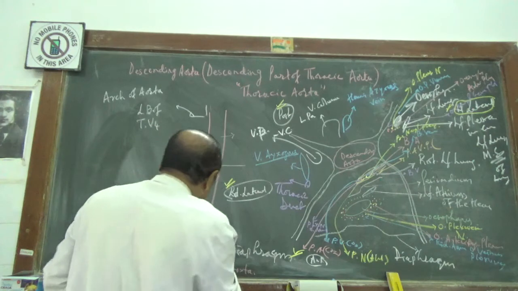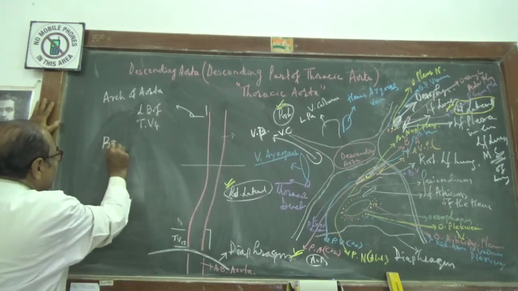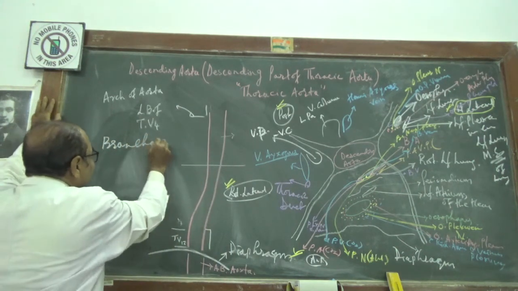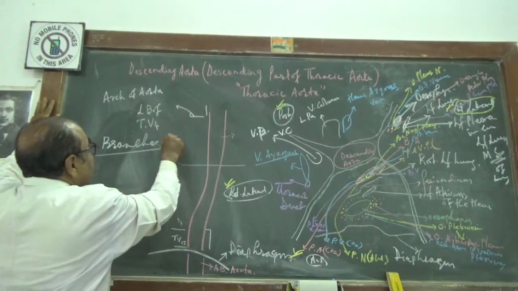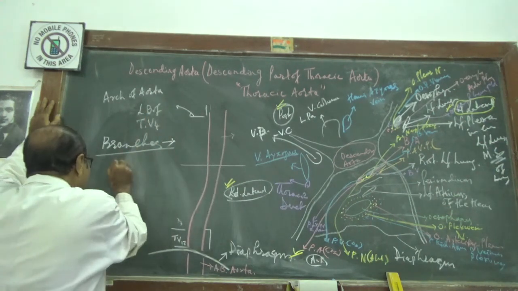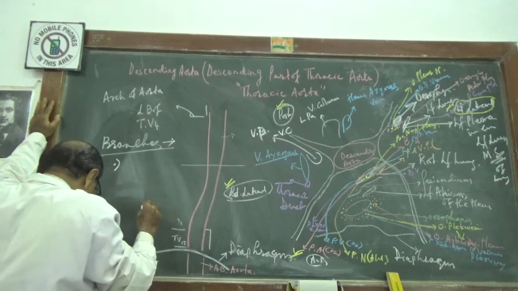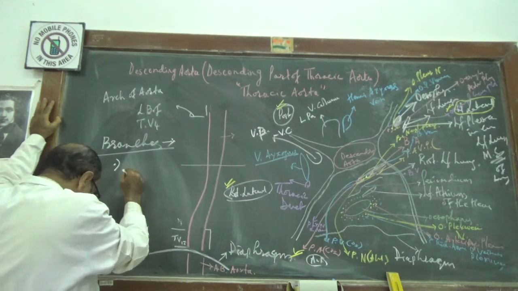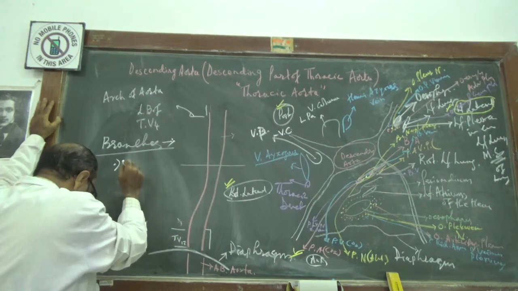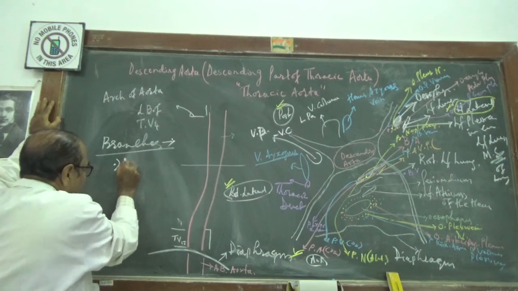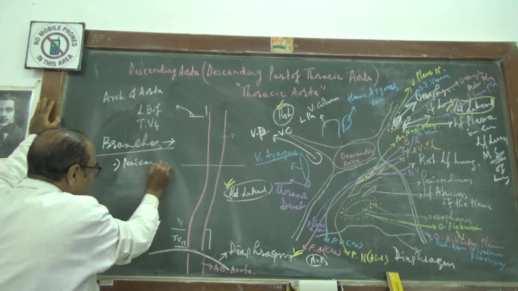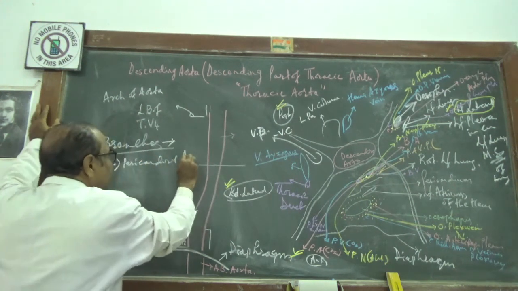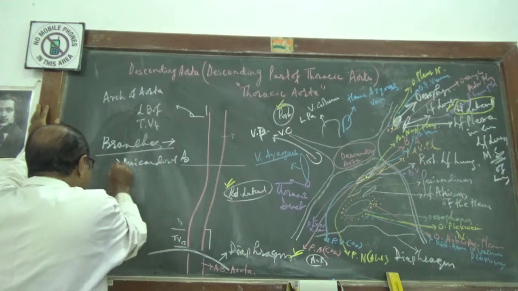Now you have to go for the branches. What are the branches of this descending aorta? Number one, you will have the pericardial branch or the pericardial artery.